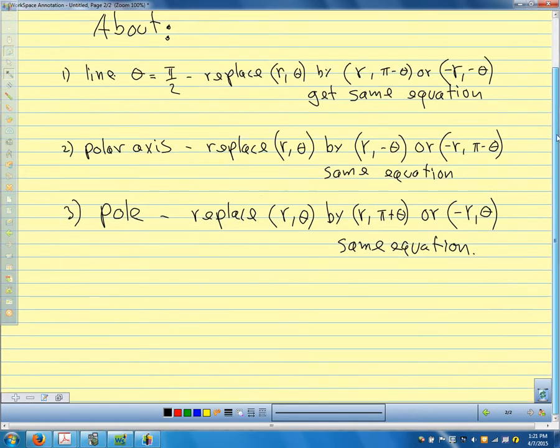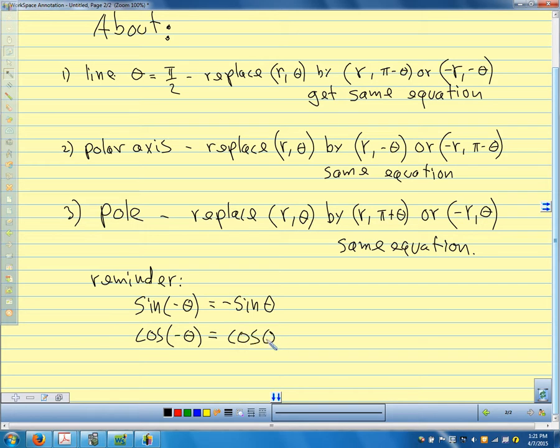And what we're using to figure out if we have the same equation, just as a reminder, we're using our even and odd identities that we talked about last semester. And what that was: sine of negative theta is negative sine theta. The sine function is odd. Cosine of negative theta equals cosine of theta.